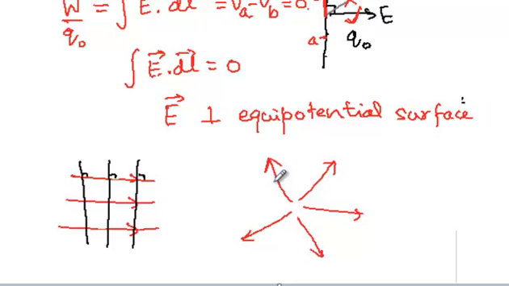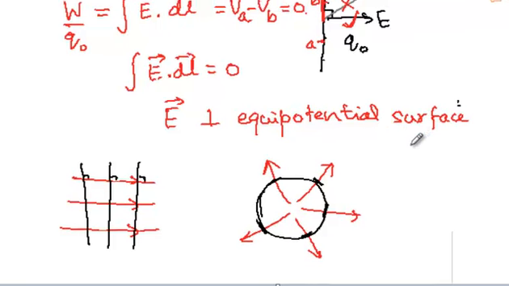In this case also we can draw surfaces which are perpendicular to the electric field lines. And since there are infinite field lines, if you join all these, we'll ultimately get a sphere. So we'll have spheres which are equipotential surfaces.